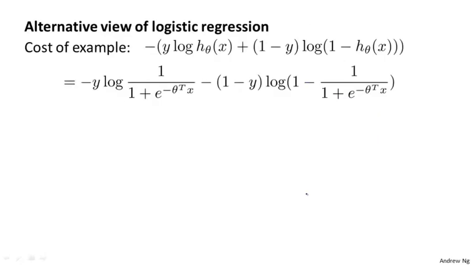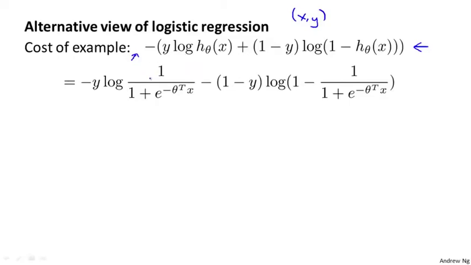If you look at the cost function of logistic regression, what you find is that each example, x comma y, contributes a term like this to the overall cost function. For the overall cost function, we would also have a sum over all the training examples and a 1 over m term.